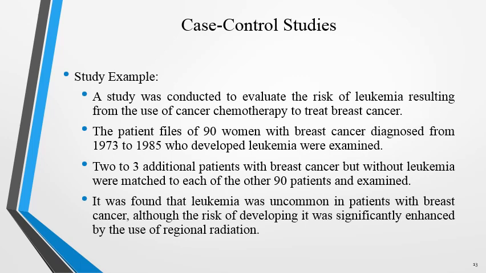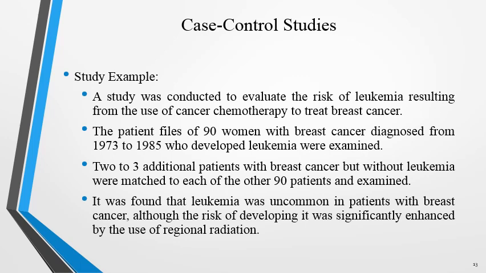To confirm what the risk factor causing the leukemia was, the files of 90 women from the past were taken, in the time period of 1973 to 1985, and it was observed that these women had leukemia.